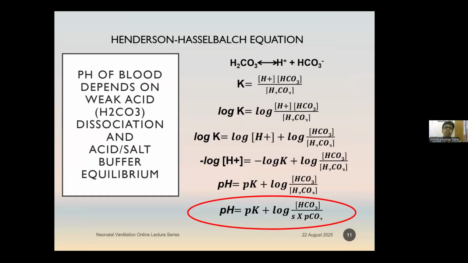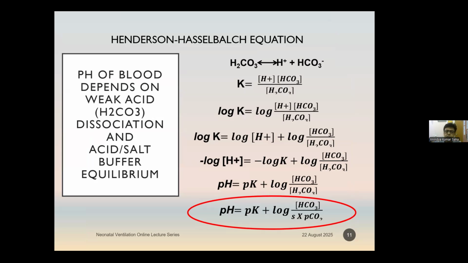If we go by the Henderson-Hasselbalch equation, it is the dissociation of carbonic acid into H plus and bicarbonate, which is the key reaction that governs the pH of our body. So the pH of the blood depends on this dissociation and the buffer equilibrium.